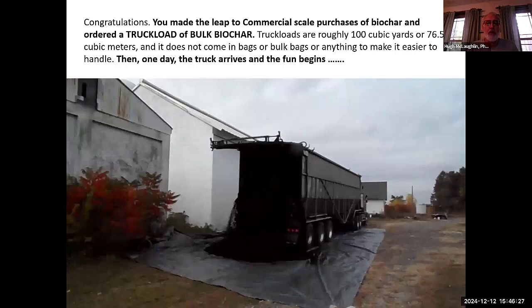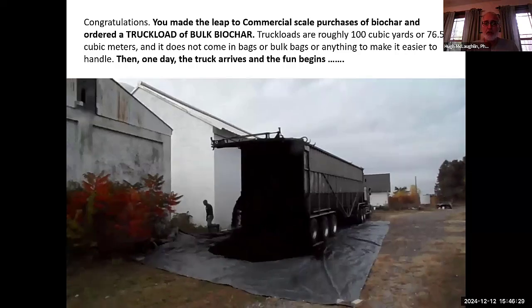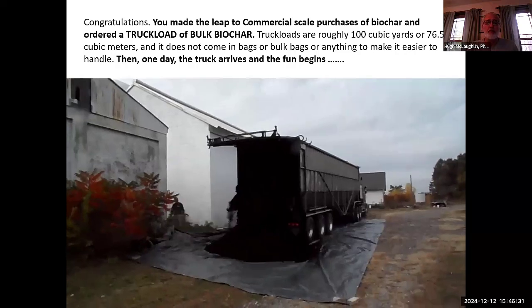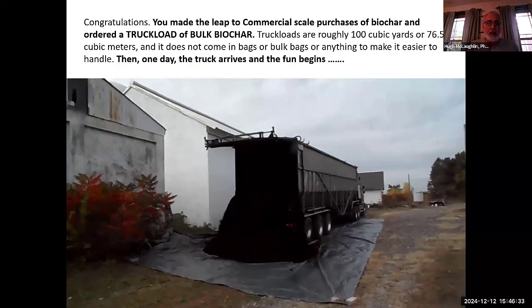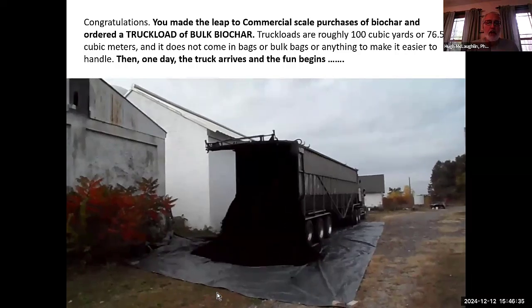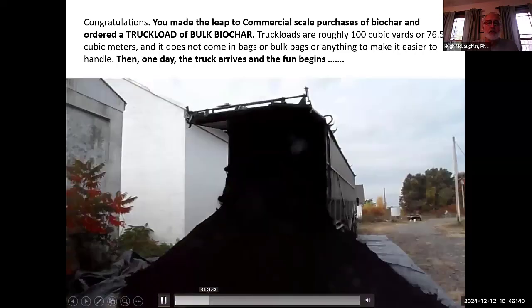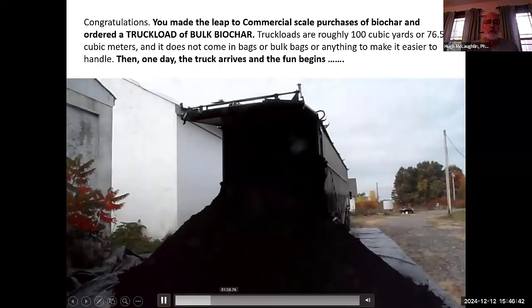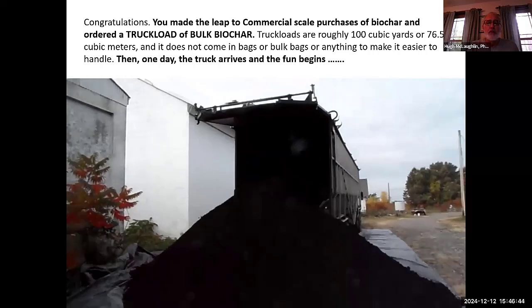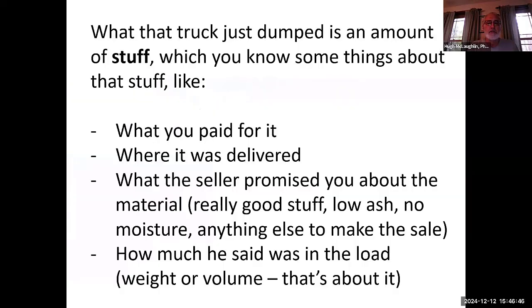It shows up. Yeah, you have a place to put it because you'll be picking it back up. But you soon realize that there is an enormous amount of material that has been delivered to your place.